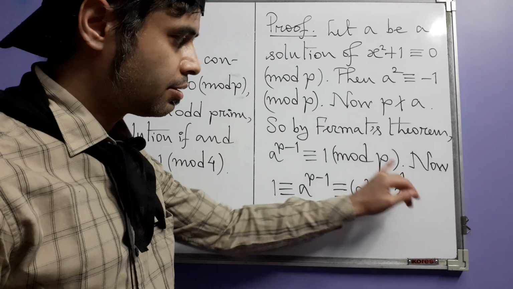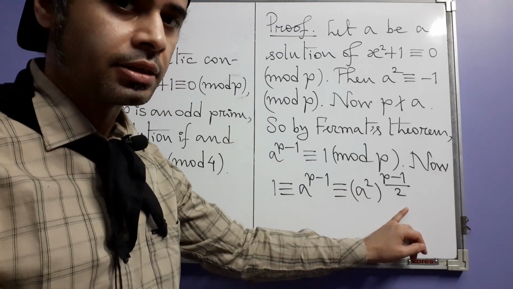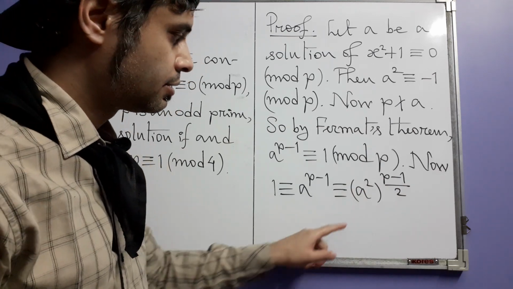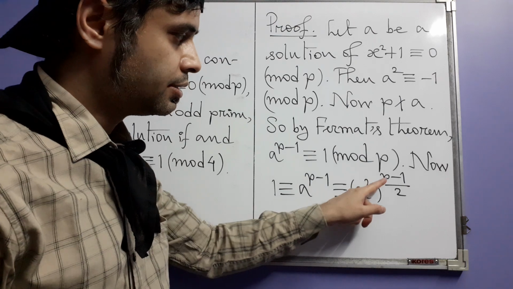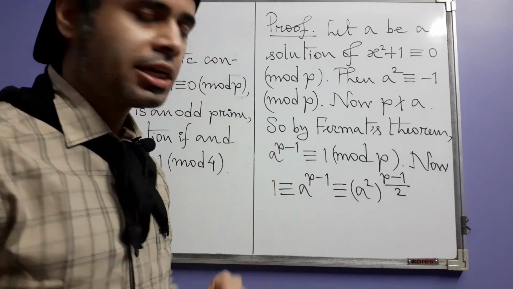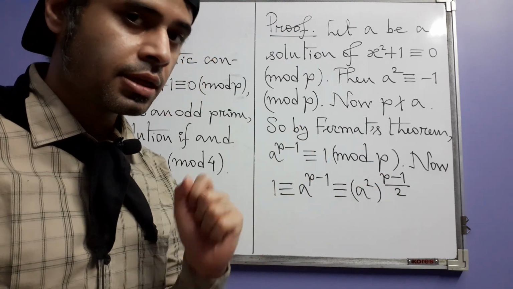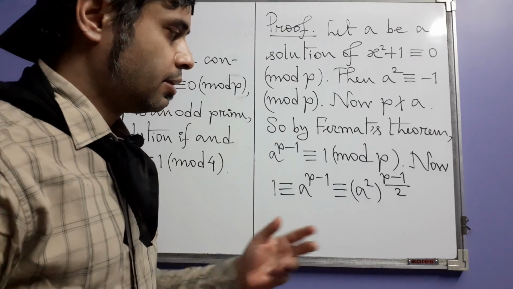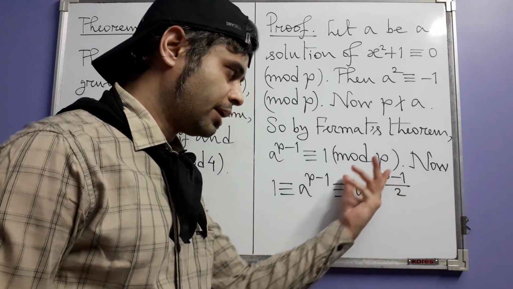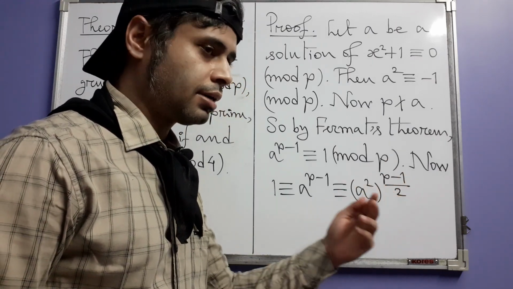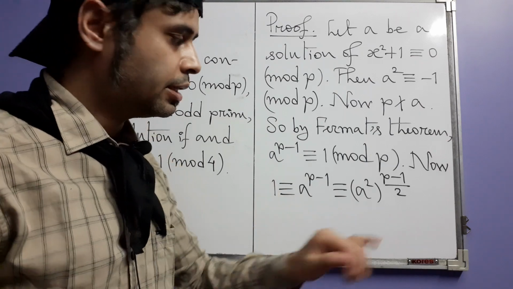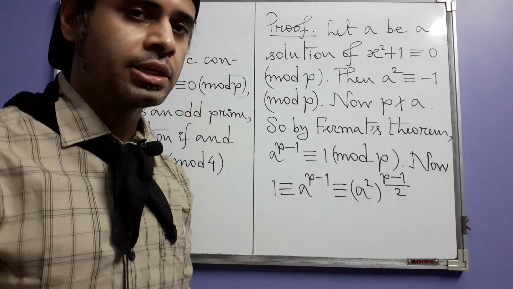Are we still talking about integers? Yes, 2 of course is an integer. How is p minus 1 divided by 2 itself an integer? Well, you can actually write like this, but after that you won't be able to do anything if this exponent is not an integer.